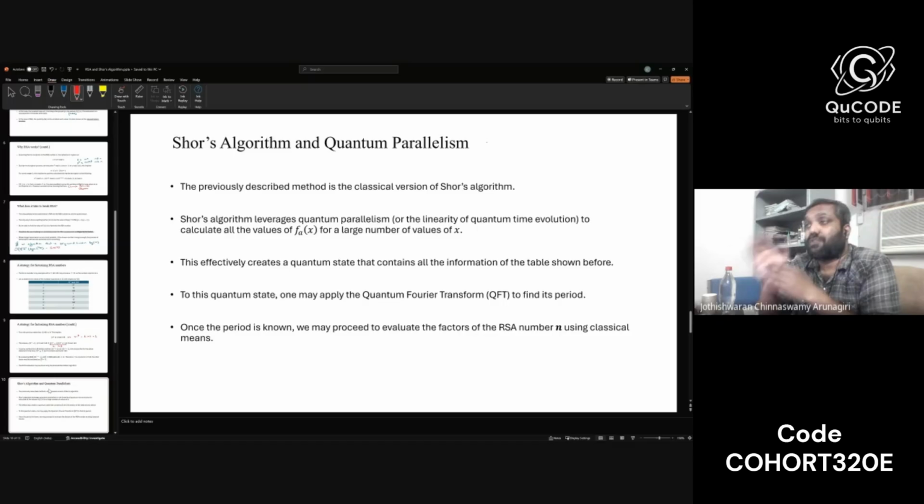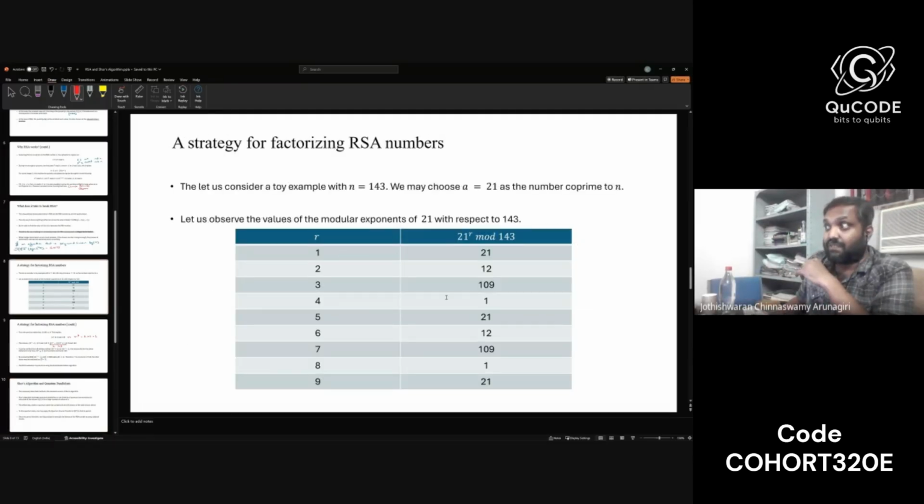Now, Shor's algorithm leverages quantum parallelism. So why is Shor's algorithm so special? Because it is a quantum algorithm that leverages quantum parallelism. Parallelism essentially implies that time evolution is linear in quantum mechanics, to calculate all the values of f_a of x, the modular exponent, for a large number of values of x. Over here, for each of these things, I had to calculate the modular exponent.